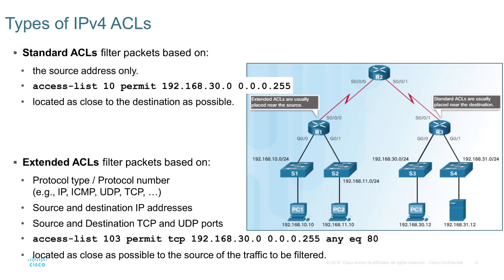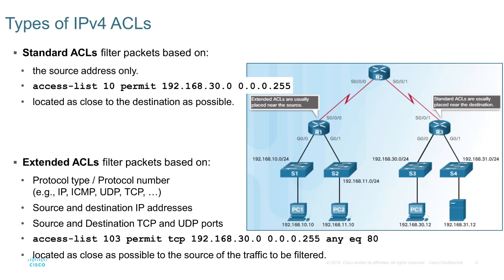When it comes to access control lists, particularly IPv4 access control lists, we will have two different types. One is called a standard access control list, and the other is called an extended access control list.